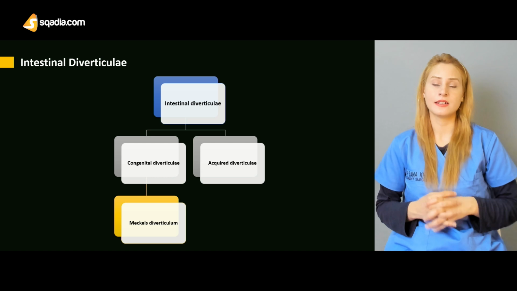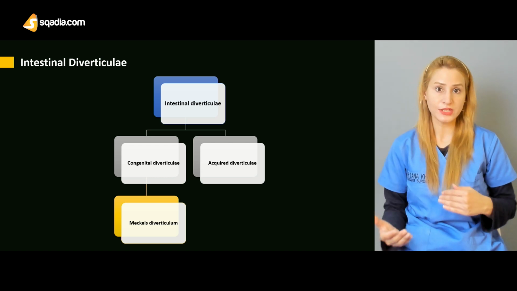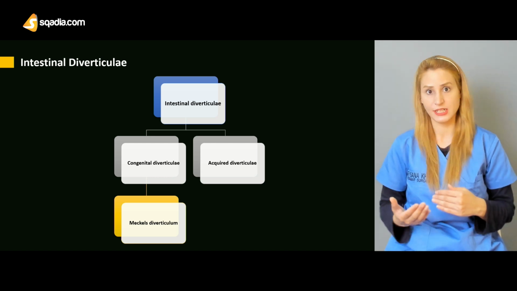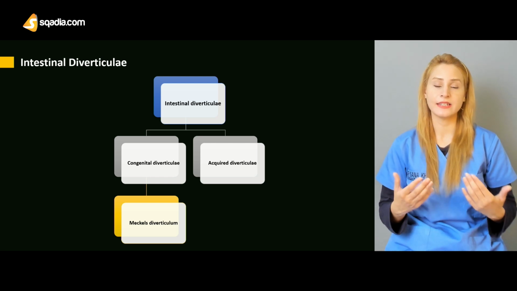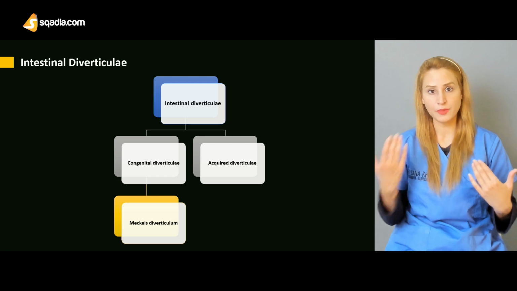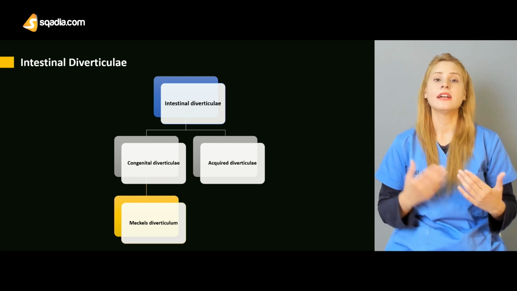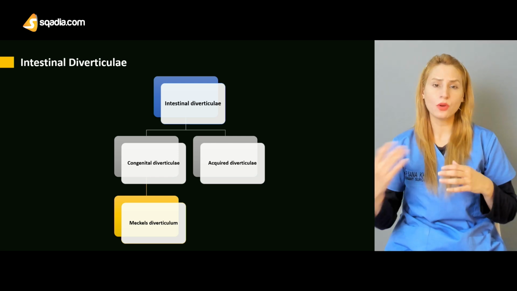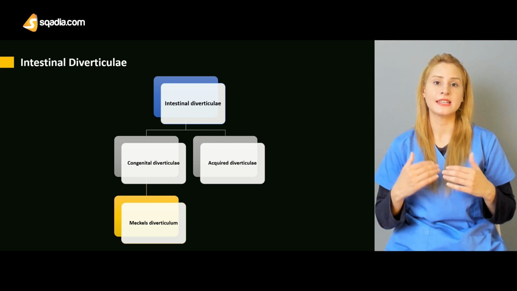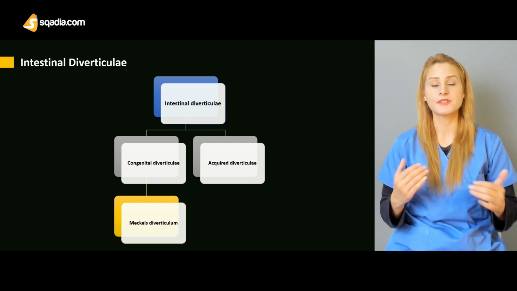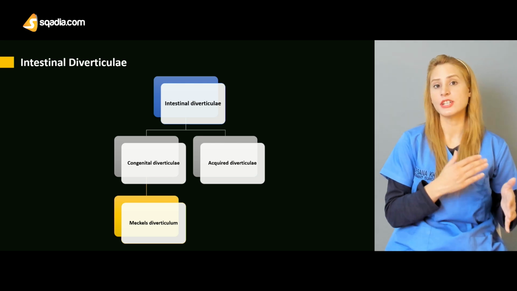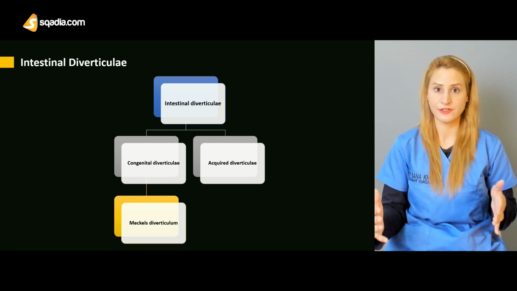These are not true diverticula, they are false diverticula, and that means all the layers are not present in such a diverticulum. It can be a mucosal herniation, where the muscularis layer is not a part of that diverticulum. A true diverticulum comprises all three layers of the wall.